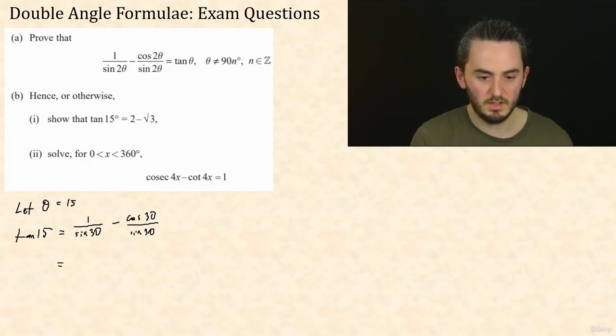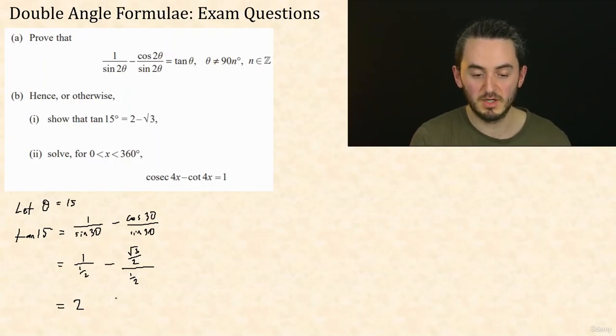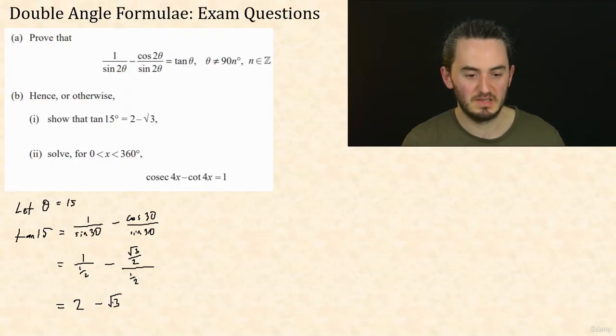Well, sine 30 is a half, so that's 1 divided by a half. And here we've got cos 30, which is root 3 over 2, divided by sine 30, which is a half. Well, 1 divided by a half is 2, and root 3 over 2 divided by a half is root 3. So there we have it.